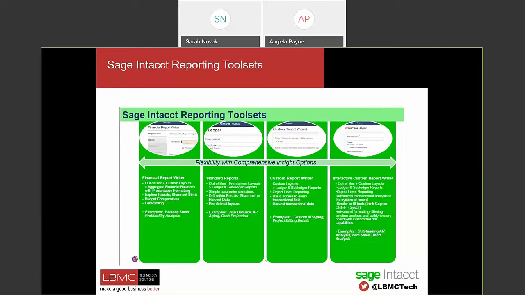Sometimes identifying which object you need as your primary data source may be a little more difficult in the Custom Report Writer than in Interactive. Within the Interactive Custom Report Writer, you still have to choose a primary source object, but Intacct has built folders and subfolders that help make it less confusing as you try to choose which one will provide the information you need on your report.